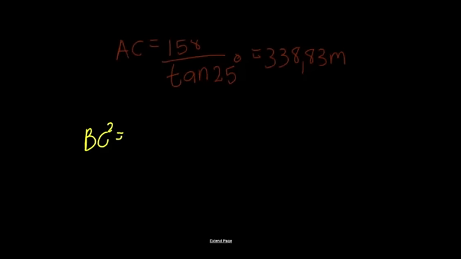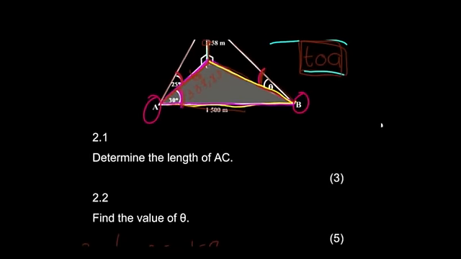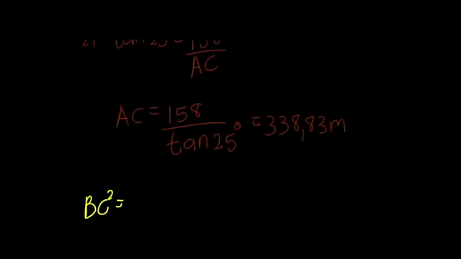So if you're using the cosine rule, it means that BC squared is equal to the sum of the squares of the other two sides, which happen to be AC and AB.